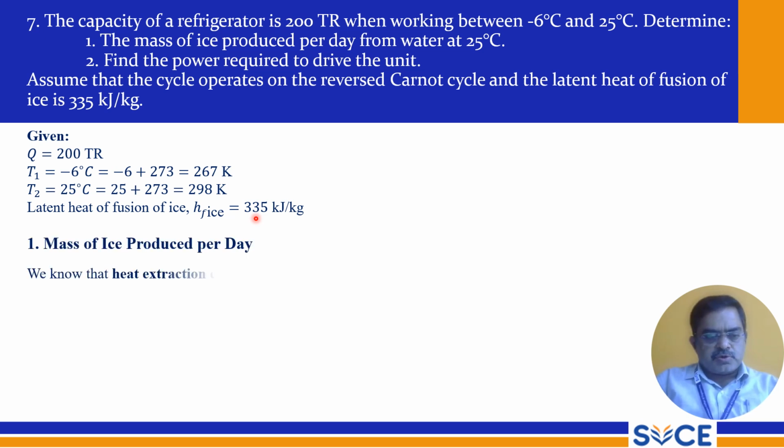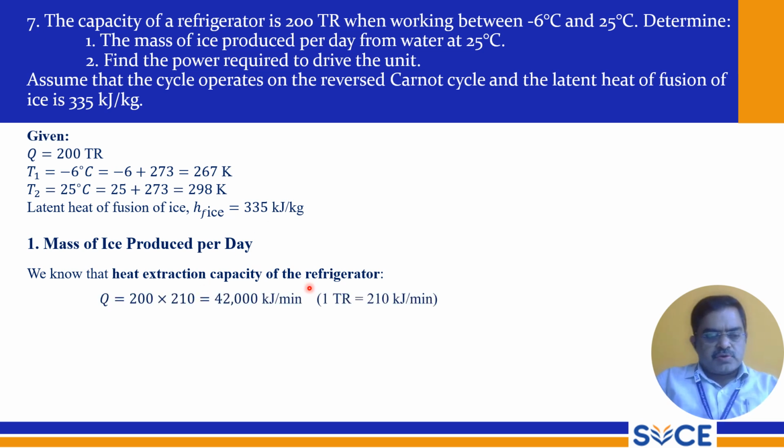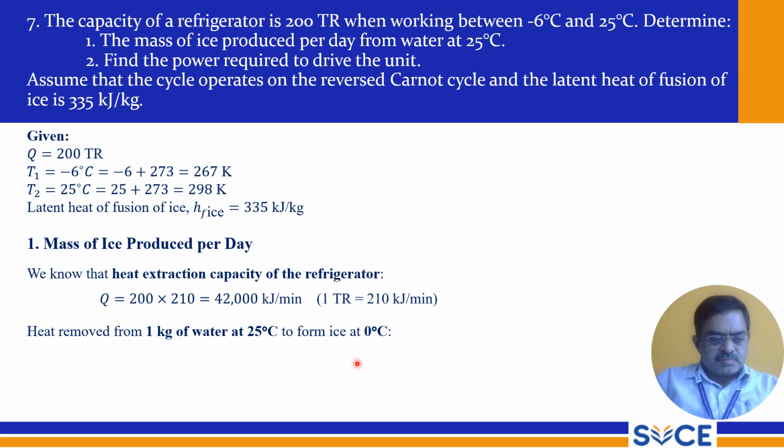Mass of ice produced per day: we know the heat extraction capacity of the refrigerator, that is Q equal to 200 into 210, so that is equal to 42,000 kilojoules per minute. So 1 TR equal to 210 kilojoules per minute, and 1 kg of water at 25 degrees Celsius goes to 0 degrees Celsius. So this can be calculated.